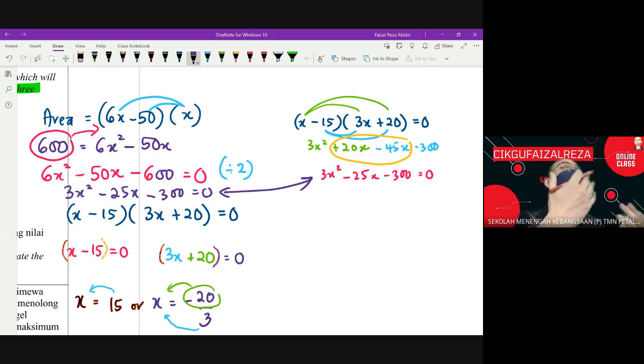So I teach you how to get the answer first. From the answer, you get back to the calculation. Okay, and make sure the 6x squared is going to be the same as 3x squared. So you have to divide.